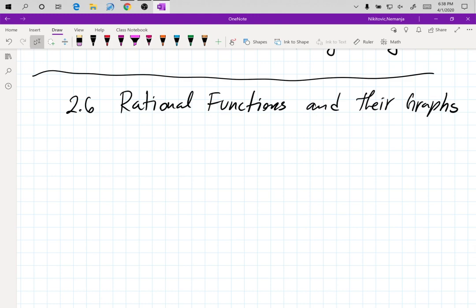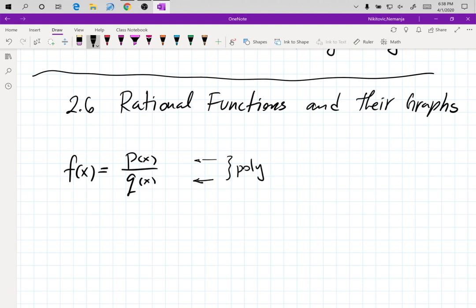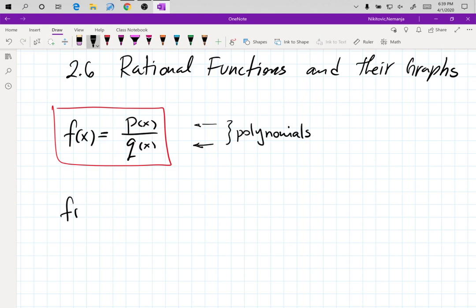Let's go talk about rational functions. A rational function, f of x, is when you divide two polynomials. So we divide two polynomials and we get a rational function. Now the cheapest case was 1 over x. And we pretty much see all of the features.